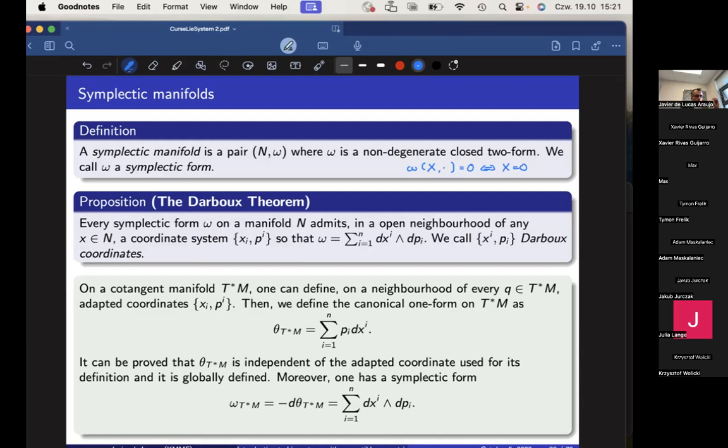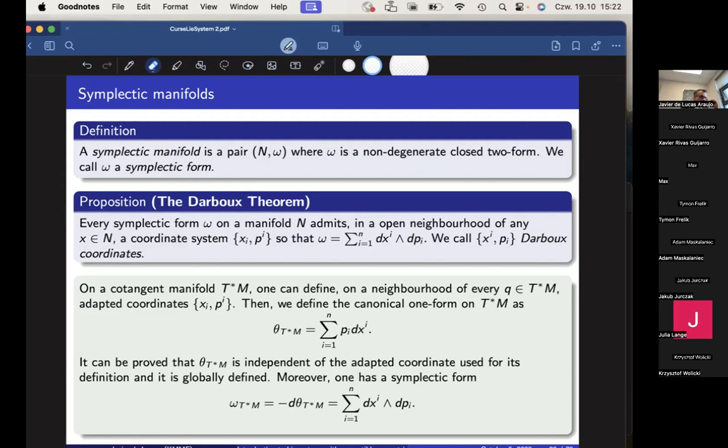This means non-degenerate. Essentially, a two-form is non-degenerate if the contraction with a vector field is equal to 0 if and only if the vector field is equal to 0. So a symplectic form, as I said, is a closed, non-degenerate two-form.